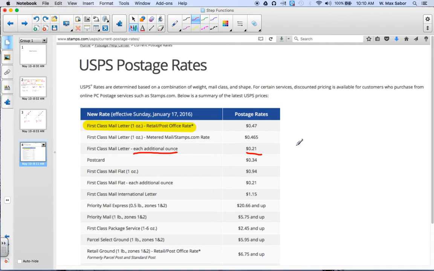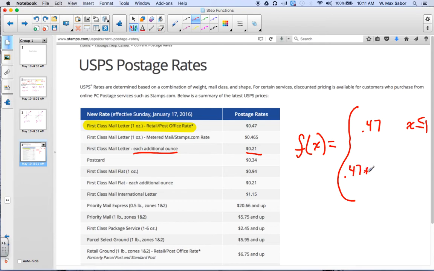So the idea is that we start with 47 cents. For anything less than an ounce, so x is less than or equal to 1, then we would just say it's 47 cents. Then after that, it would be 47 cents plus 21 cents per ounce.